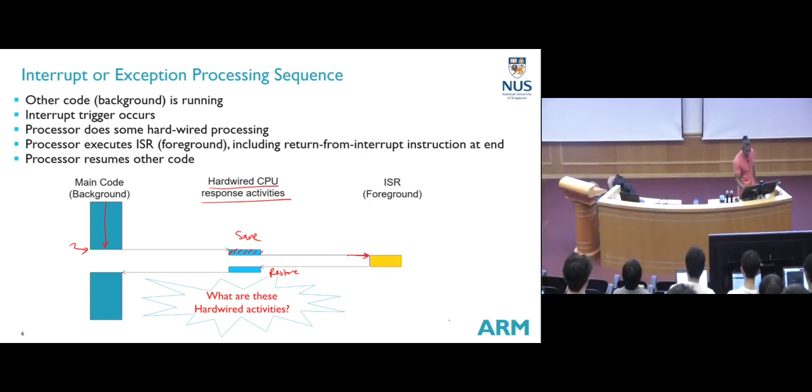When I jump to the ISR, I finish the ISR. When I finish, I return back. So when I return back, I, of course, need to go back to where I left off. Right? I was somewhere here doing something. So I need to be able to go back to the exact location with all the data that I was doing.